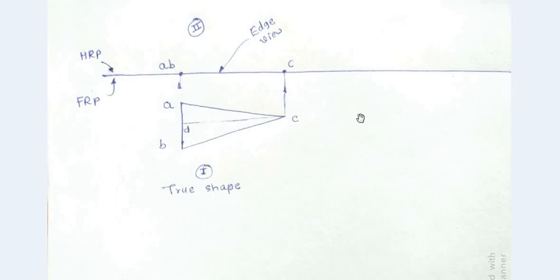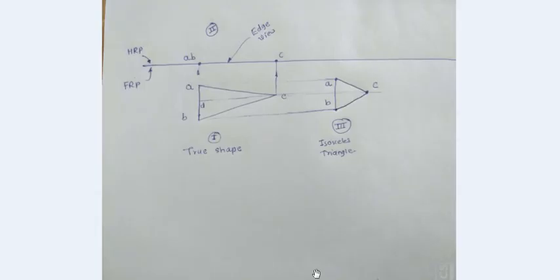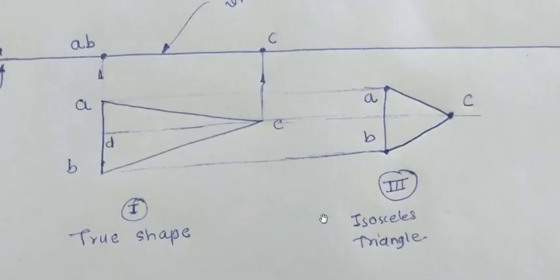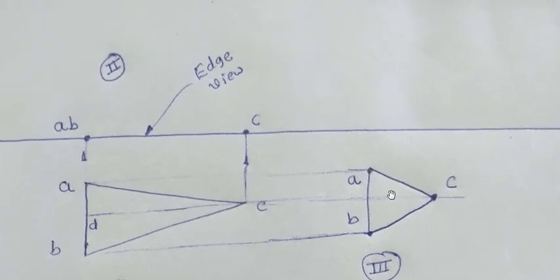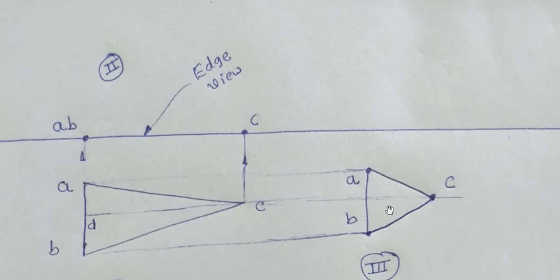That's why we will be drawing our third step here, that is projecting this base AB of 40 mm and completing the other sides of the equilateral triangle as 40 mm. So in the third step, this isosceles triangle gets converted into an equilateral triangle of 40 mm. So this side is 40 mm, this side is 40 mm, this side is 40 mm. And from this top view, now we will draw the changed front view.